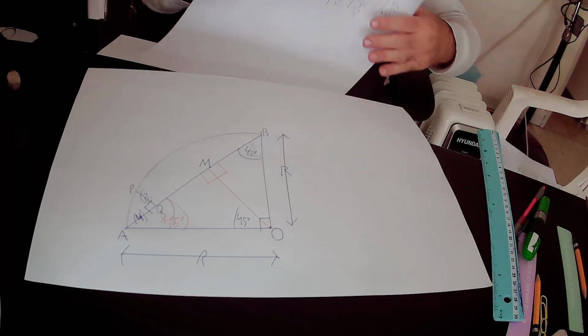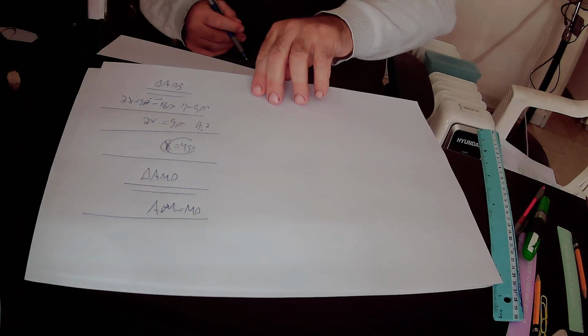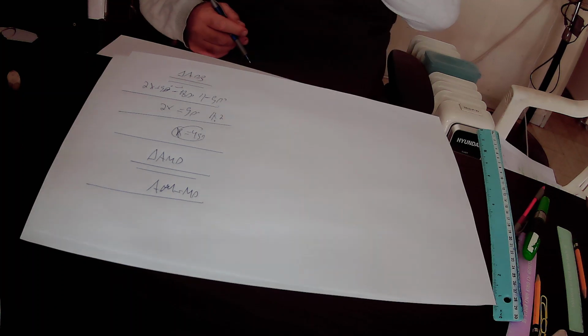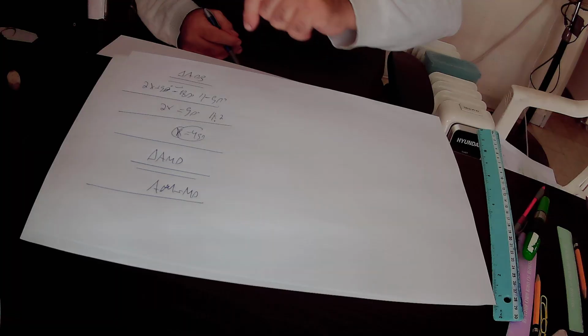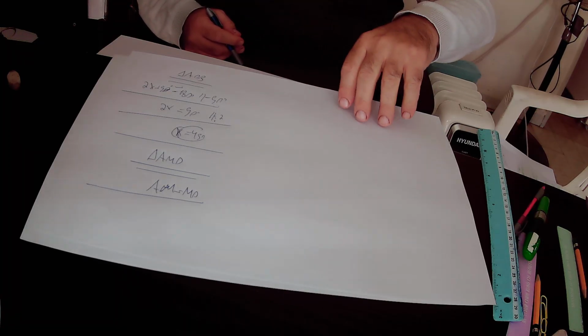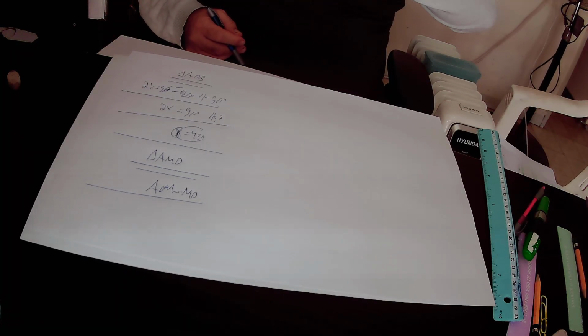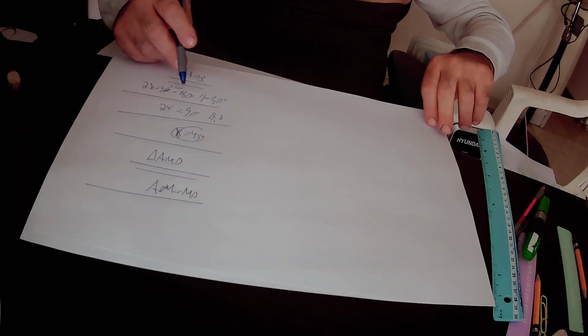Again, in triangle AMO, AM equals OM according to the rule. In front of equal angles in the triangle, the sides are equal in size. So AM equals OM.